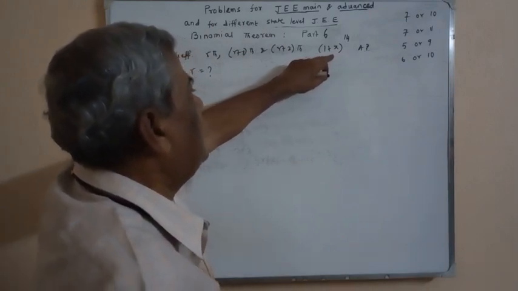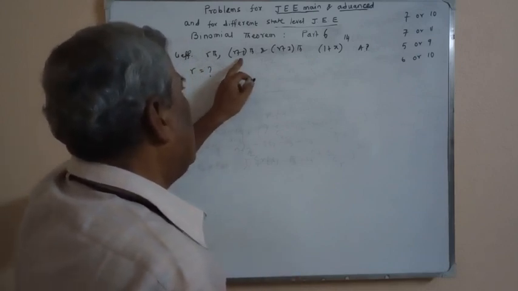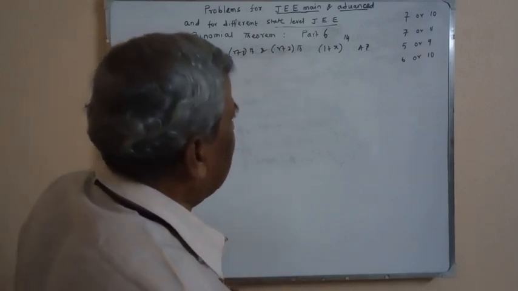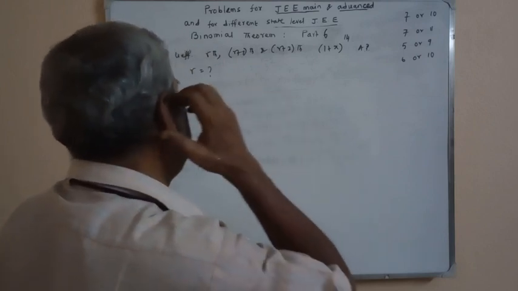In this problem, in this binomial, the coefficients of the rth, r plus 1th and r plus 2th terms are in AP, then find the value of r.